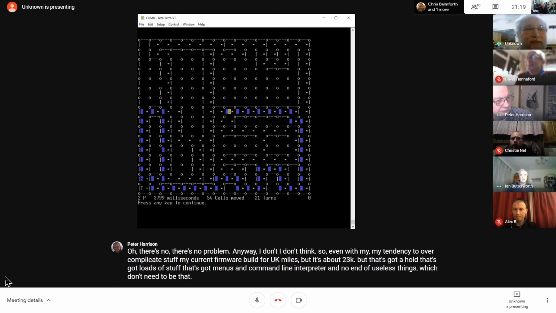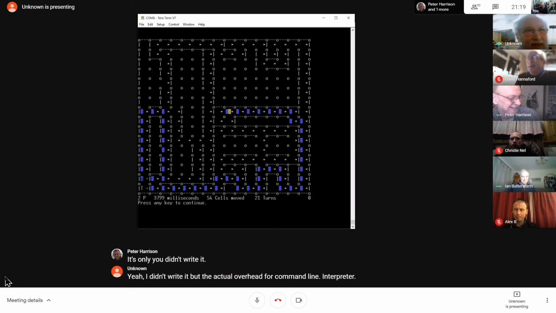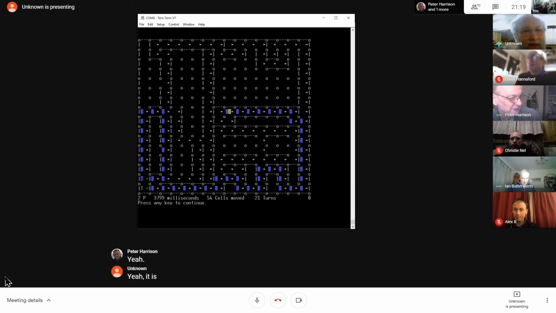But my command line interpreter comes free. No, it doesn't. It's part of the system that gets loaded on the chip. It's only because you didn't write it. Yeah, I didn't write it, but the actual overhead for a command line interpreter, I think, is maybe 64 bytes or something. Yeah, it is negligible. It's free.